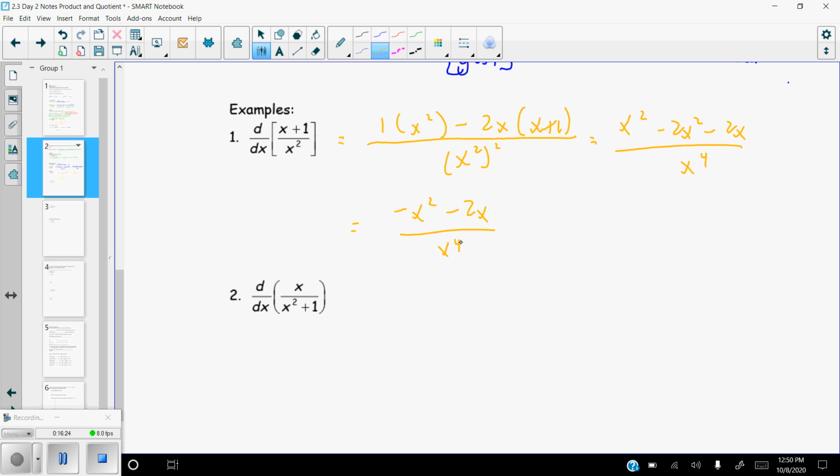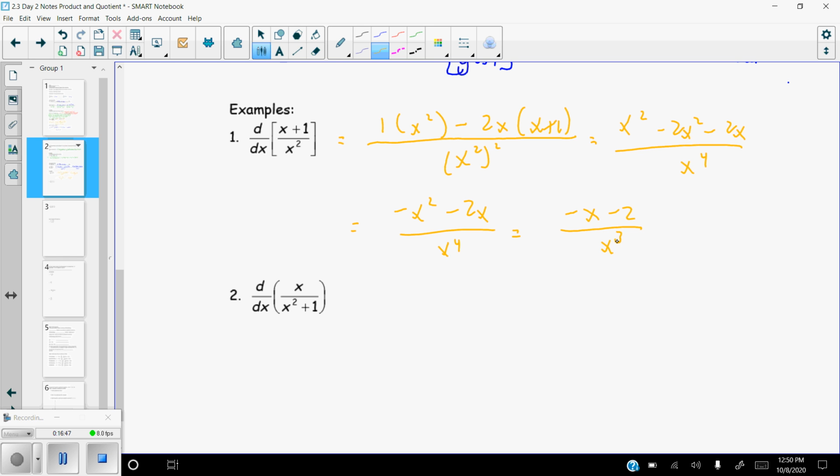There is still an x in common in everything, so I can divide an x out, which is going to leave us with a negative x minus 2 over x cubed. And yes, you could certainly factor out a negative on top, but it's not necessary. That would probably be the simplest form that you'd want to leave it in.